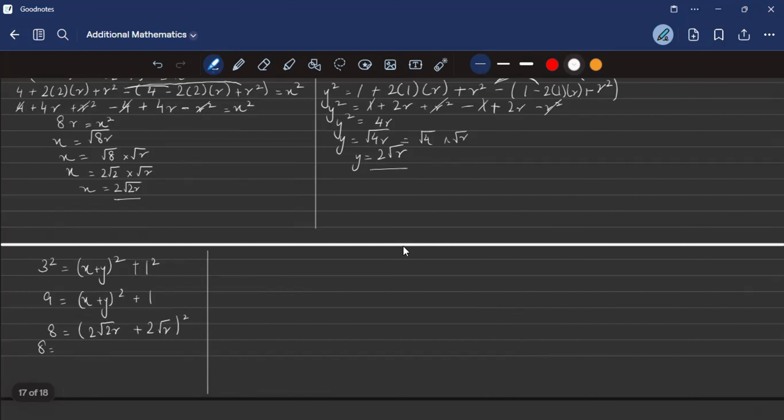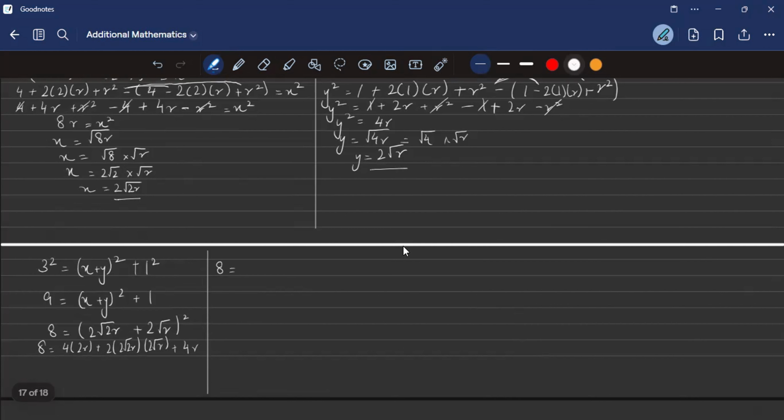So a squared, what is 2 under root 2r whole squared? We are going to say 2 squared is equal to 4. Under root 2r will become 2r when squared up. Plus 2ab, 2 multiplied by 2 under root 2r multiplied by 2 under root r, plus b squared, which is going to be 4r.